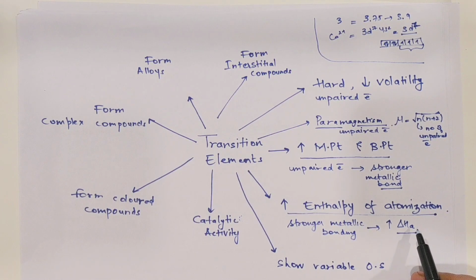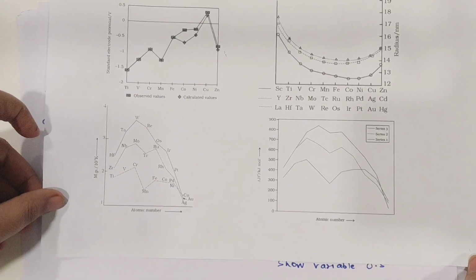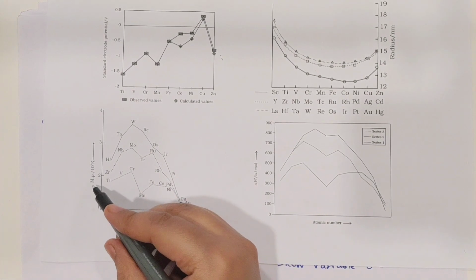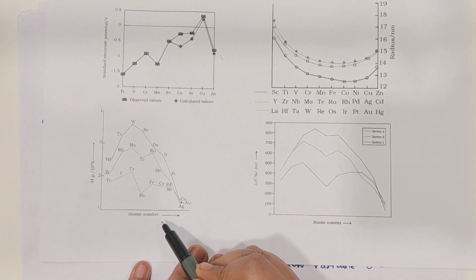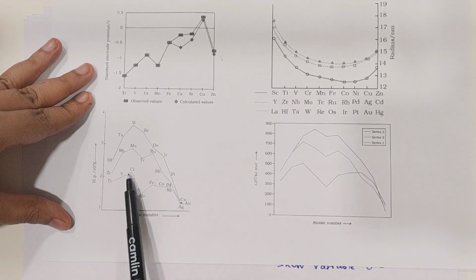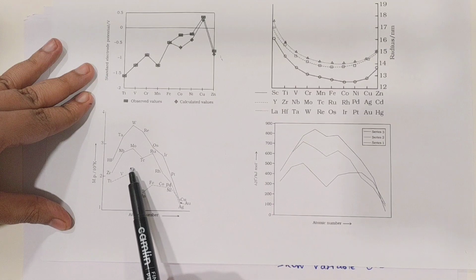Now here are the two graphs which would show what I've been talking about. This one is melting point and atomic number. So we can see that as the number of unpaired electrons increases, the metallic bonding would increase and therefore the melting point would increase. There's a dip around the center in manganese.